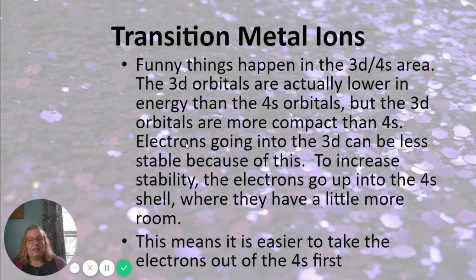And then in the case of the transition metal ions, because the 4s electrons are a little bit higher, if you take electrons off, those are the first two that come off. So for all of your ions in the 3d shell, like copper, when they take their first electrons off when making ions, like in copper 2+, you lose the first two electrons.